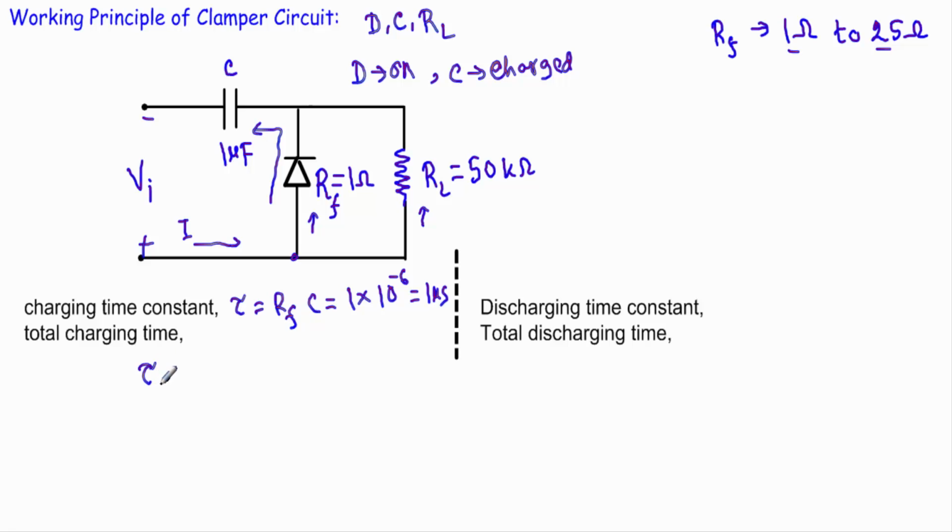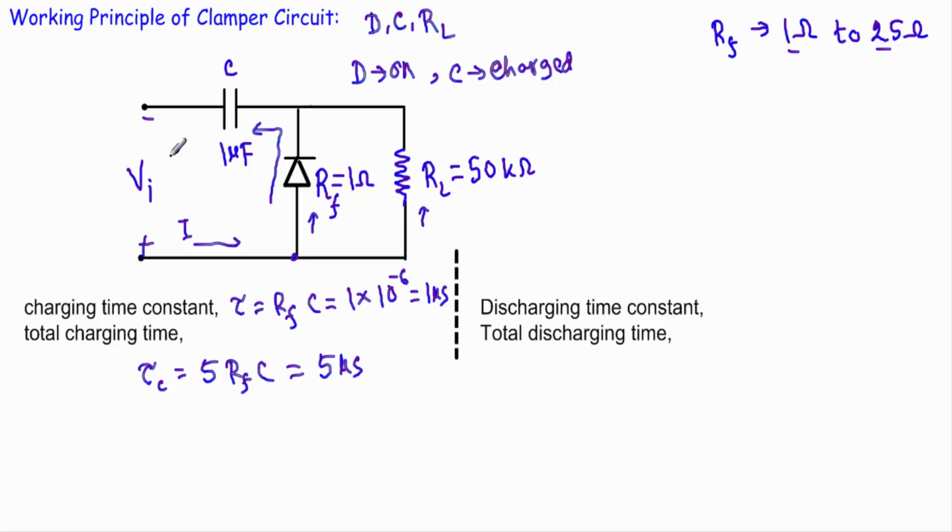Therefore our total charging time will be 5 RFC, 5 microsecond. Therefore I can conclude that when the diode is in forward bias, our capacitor will get charged instantly.